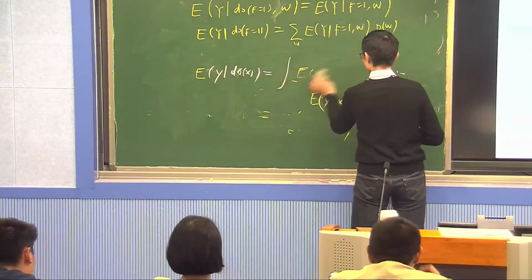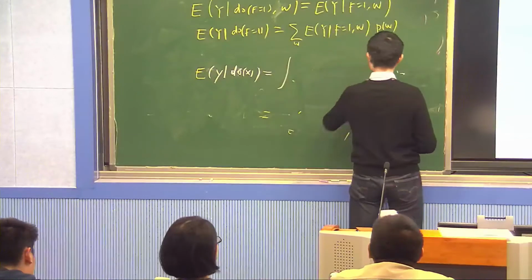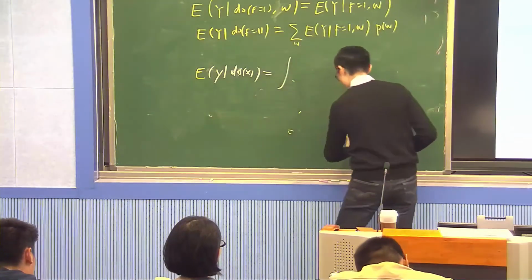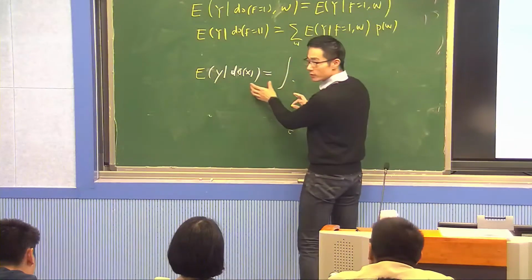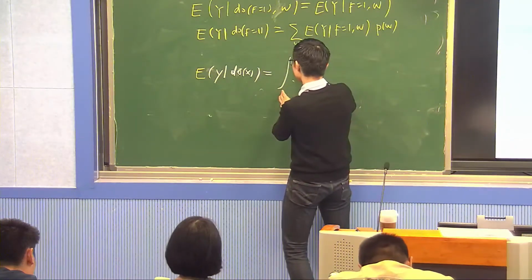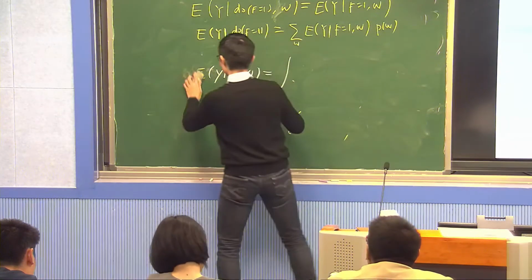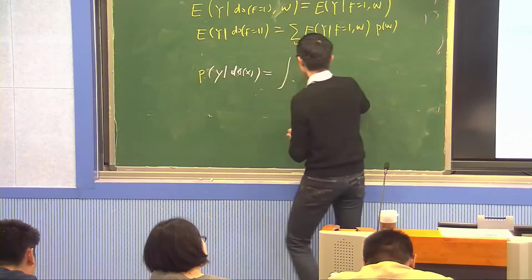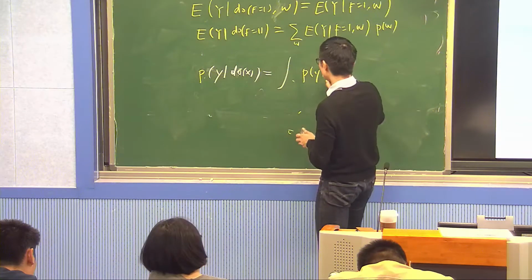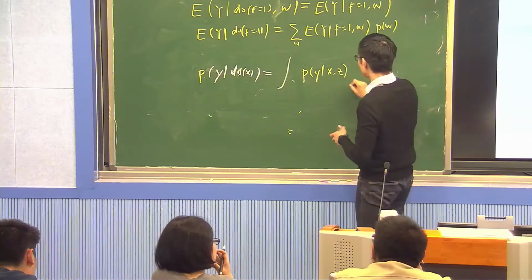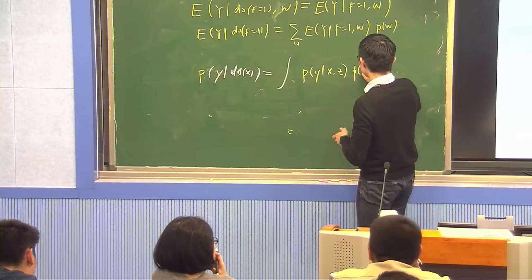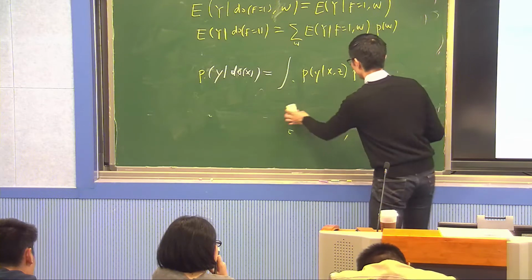Two more things I want to say. According to our formula here, P(y | do(x)) is equal to, let me still write P here, the integral of P(y | x, z) P(z) dz, where z satisfies the backdoor criterion.